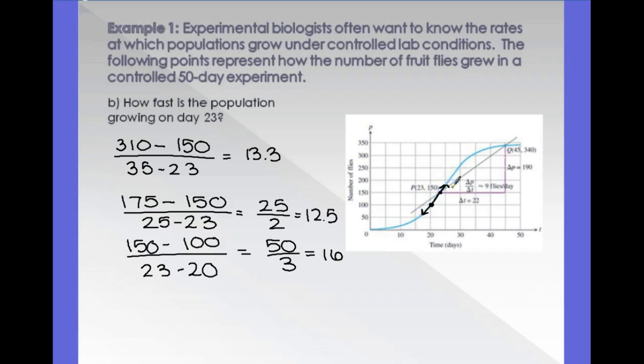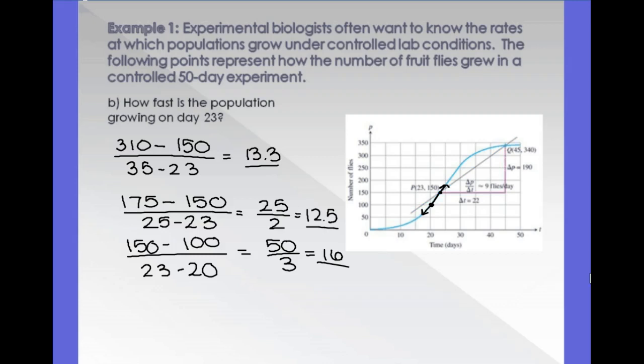When I look at that, it looks a little bit steeper, but still pretty close. So between the 13, the 12.5, and the 16, the rate of change is not that 8.6 we got the first time. That was just way too far away. That slope is not close enough to what we are looking at.